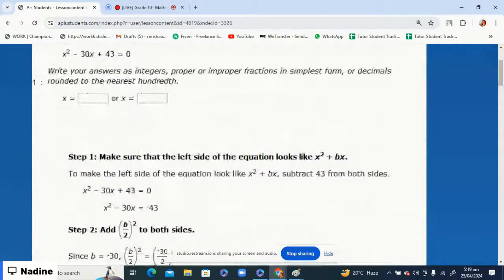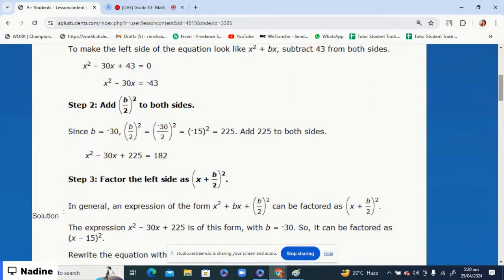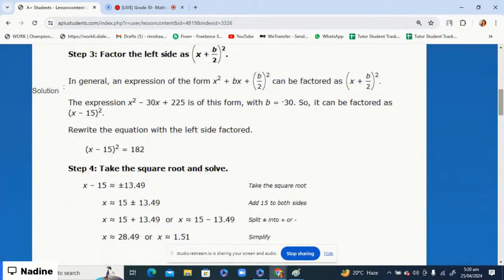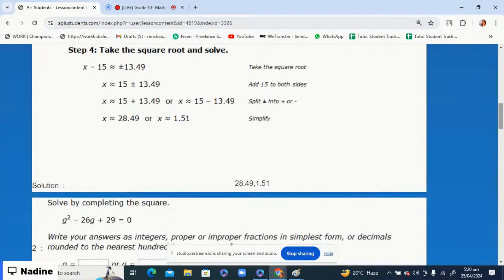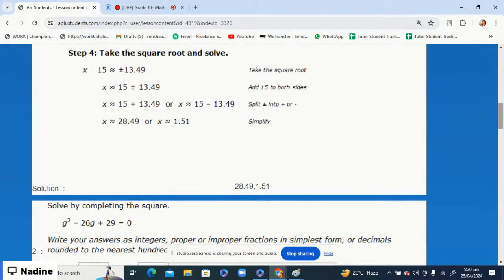let me write a question here firstly. So let me just write a question that is x square plus 30x plus 43, then we follow these steps. Okay, so let me just write the question.